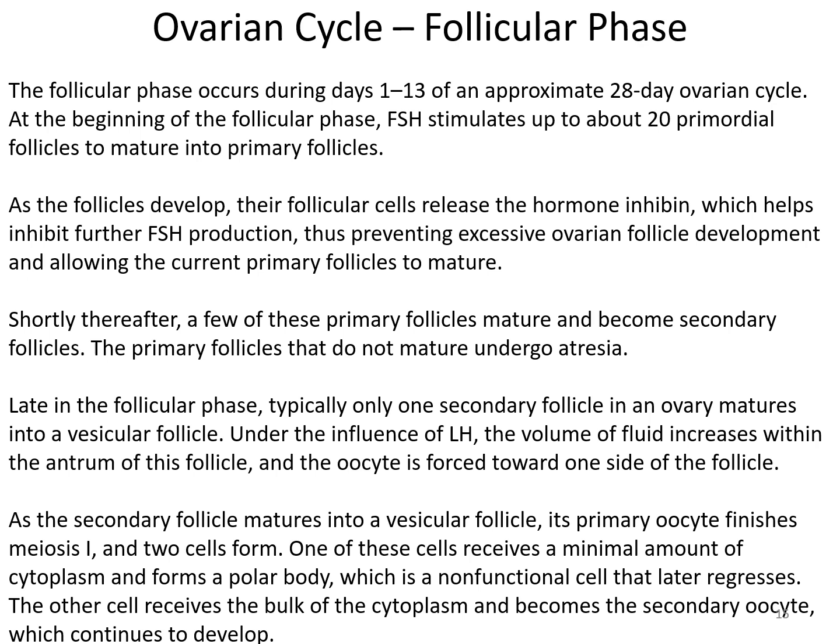Basically, of the 2 cells that would be the result of meiosis 1, only one receives the majority of the cytoplasm. The other one dies off. So we end up with just 1 cell there. And at that point, that is the secondary oocyte.